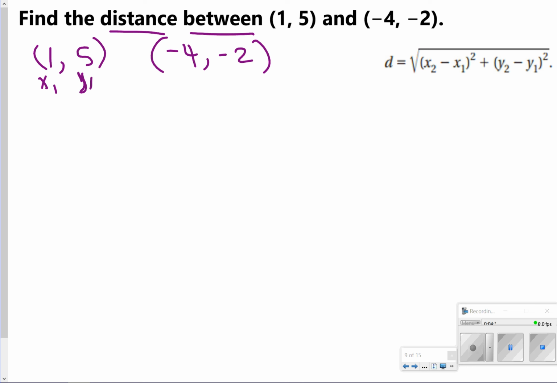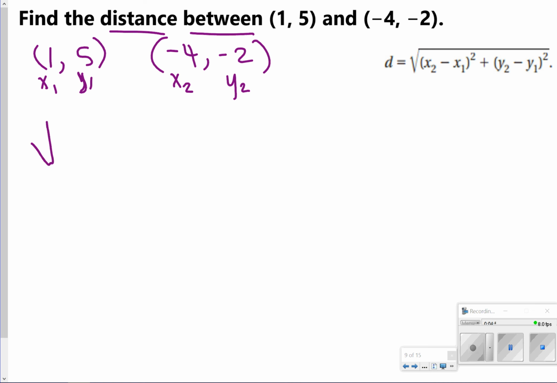And then the second one is always going to be x2, y2. Remember, in the event of ordered pairs, x is always listed first, so that's why it is in that order. Okay, x1, y1 is the first set, x2, y2 is always the second set. It really doesn't matter what you choose, but for the sake of understanding and to make sure you're thorough, we're just going to say the first set's always the first one, second set's always the second one.